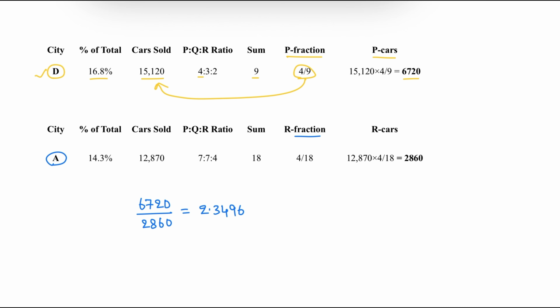For city A, total percentage is 14.3%. 14.3% out of 90,000 is 12,870. Here R fraction 4 by total sum is 18. 4 by 18 into 12,870. It results 2,860 R model cars sold in city A. Now the ratio is 6,720 divided by 2,860, that is 2.3496.